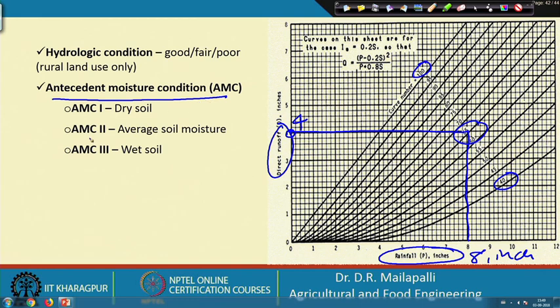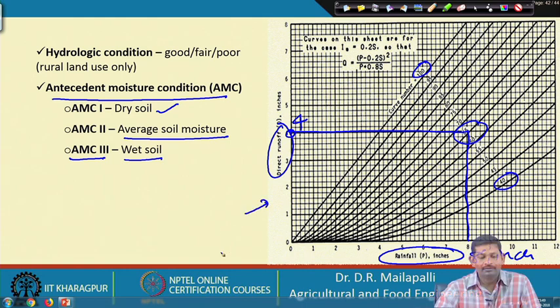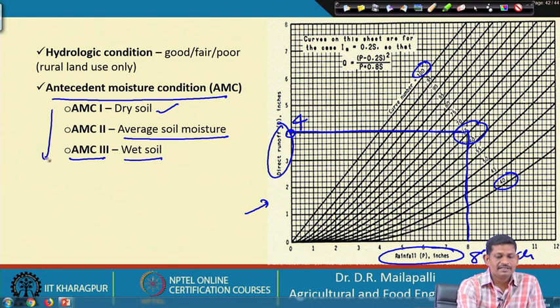Antecedent moisture content: AMC 1 is dry soil, AMC 2 is average soil moisture, AMC 3 is wet soil. These curves will be adjusted based on the AMC values. Generally the AMC is very important.